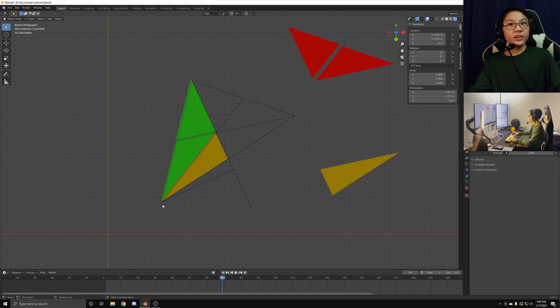And since they share the same height or altitude, therefore the base of these 2 green triangles must be 2 times as long as the base of this yellow triangle. Because, once again, the area of these 2 triangles is 2 times as large as the area of this yellow triangle.